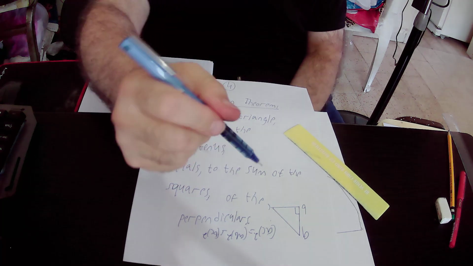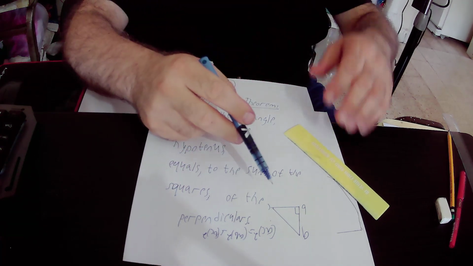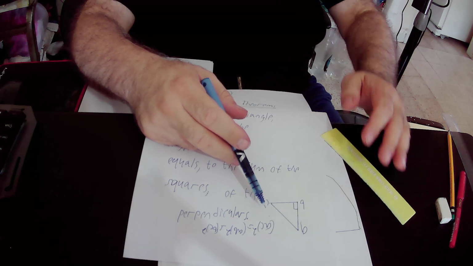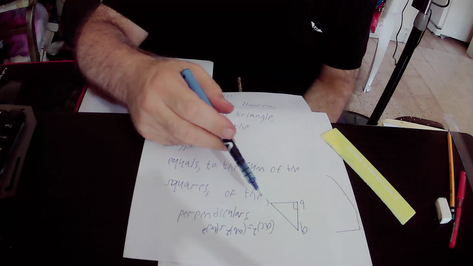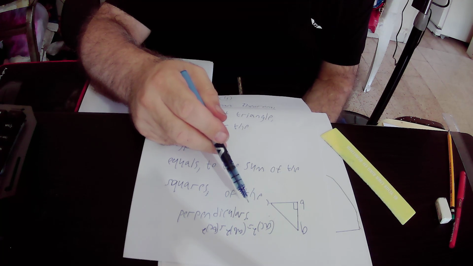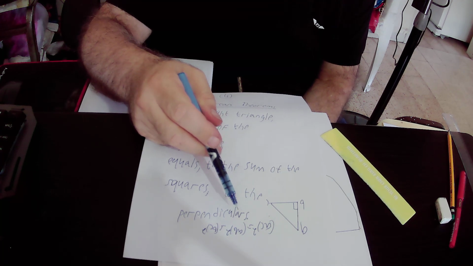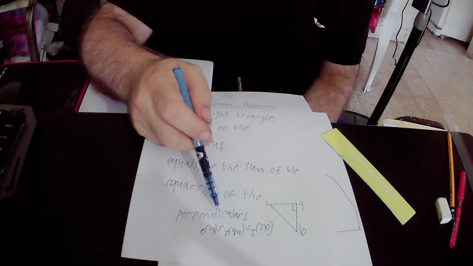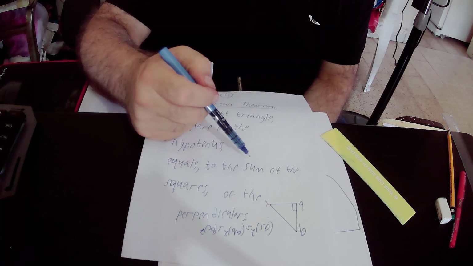The square of the hypotenuse, that is AC square, equals the sum of the squares of the perpendiculars, which are AB square plus BC square, or AC square equals AB square plus BC square.